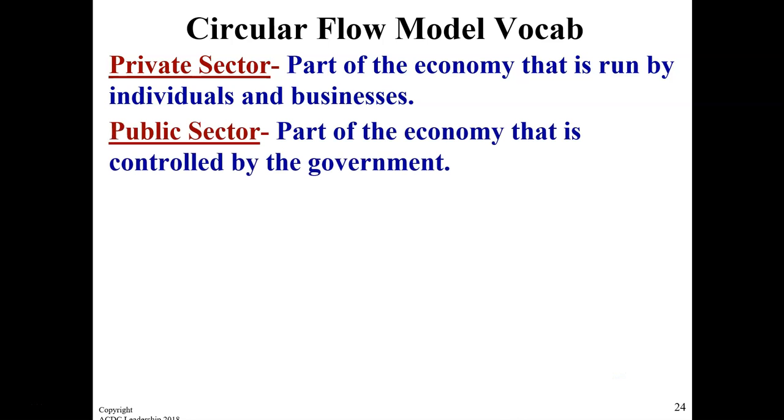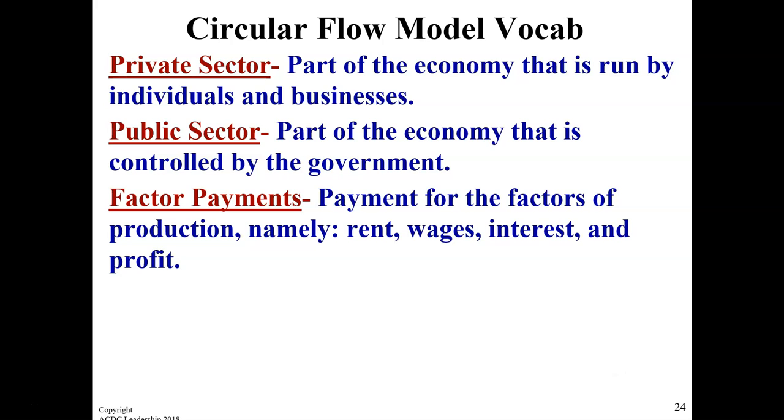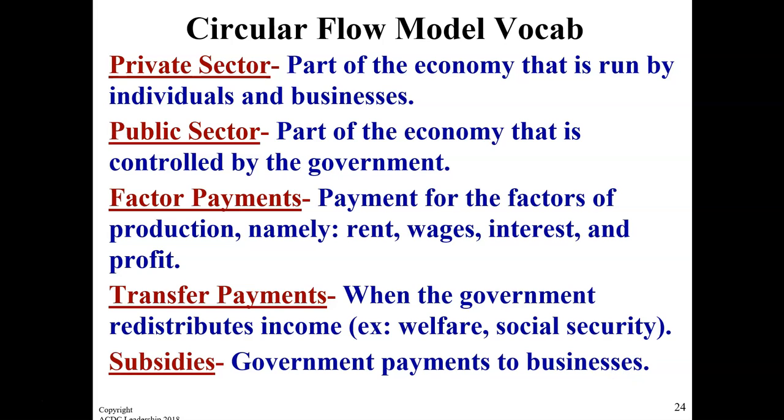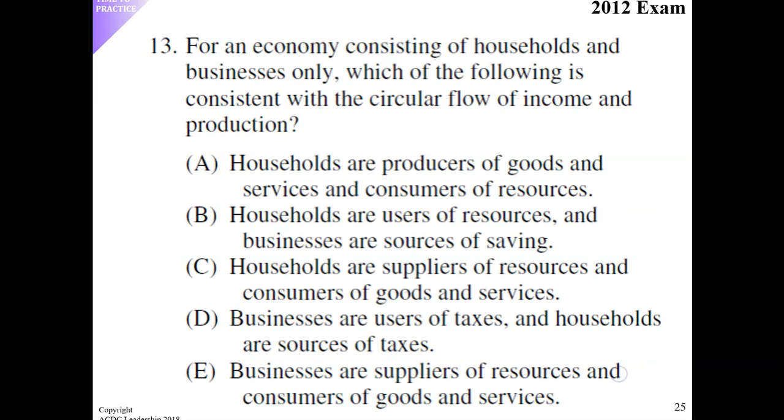The public sector is the part that's controlled by the government. Factor payments are payments for the factors of production, so rent, wages, interest, and profit. Transfer payments occur when the government redistributes income; welfare and Social Security are two examples. Subsidies refer to a government payout to a business.